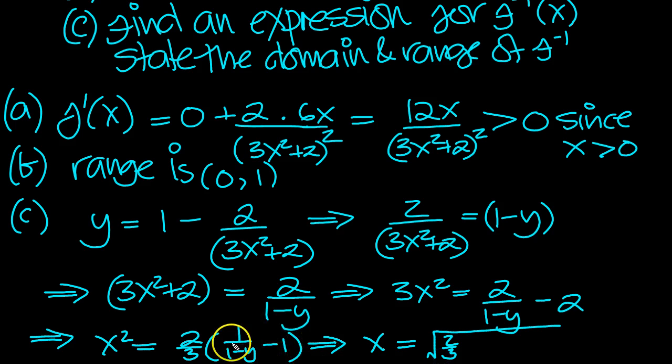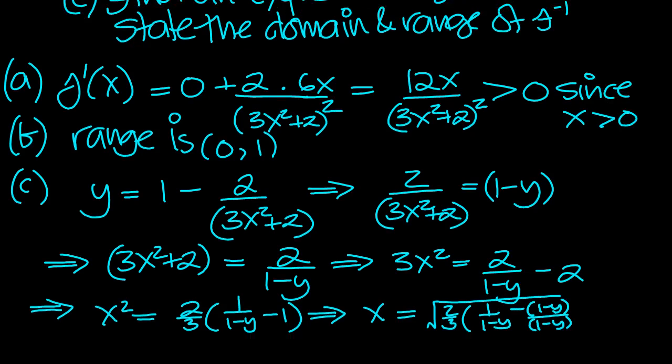Now this fraction here, it's a 1 over 1 minus y minus 1, which is a bit difficult to work out. I'll just write it as that for the moment. I'm going to write my minus 1 as minus 1 minus y over 1 minus y. So I can combine the fraction here.